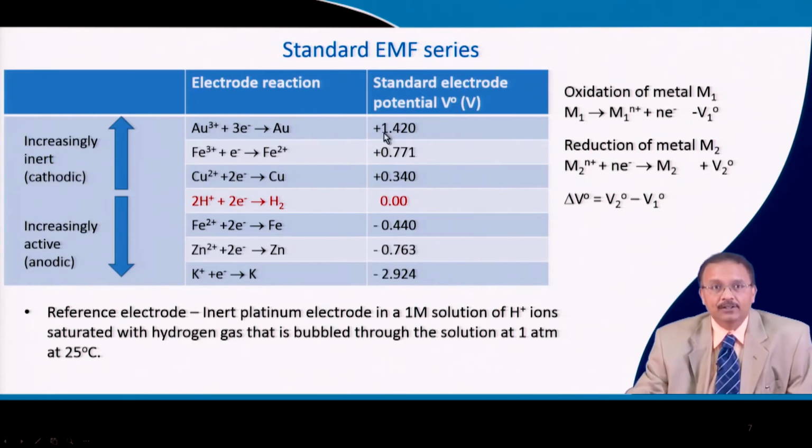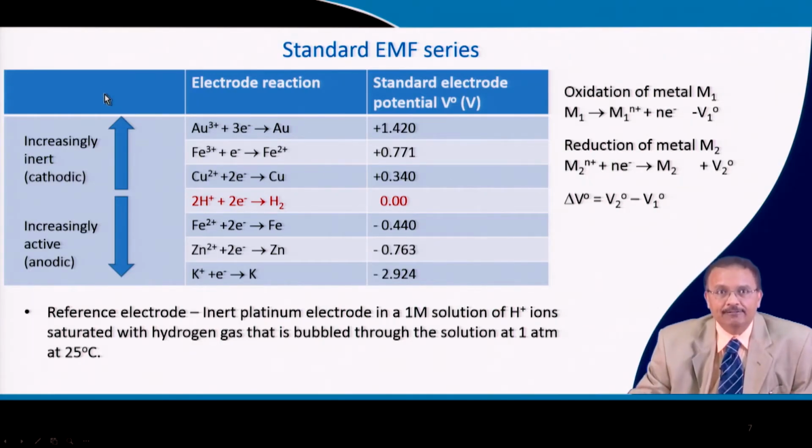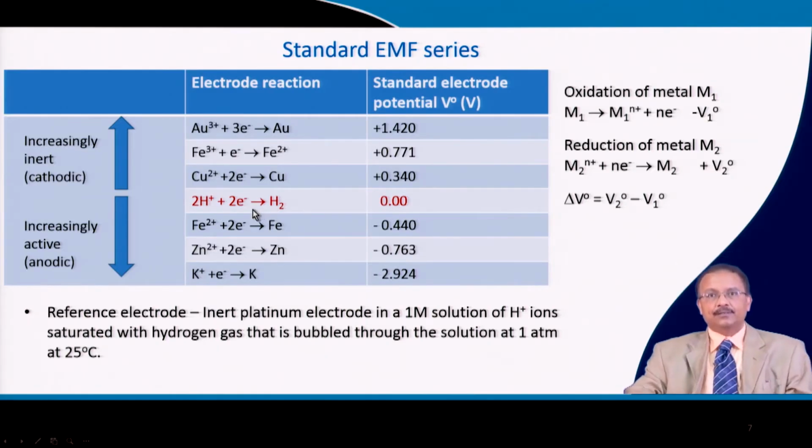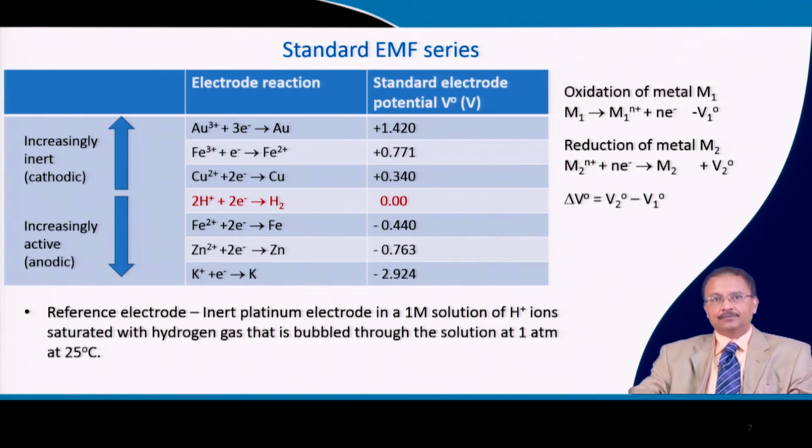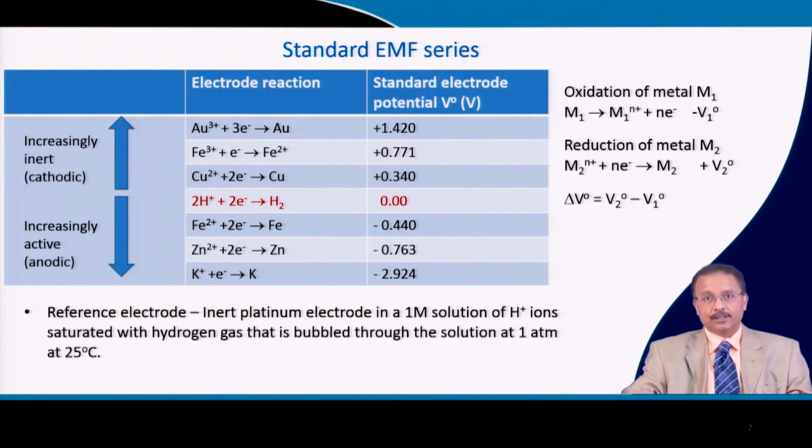So, depending on that you can have a standard EMF series, and this reaction, the reduction of H plus ion to hydrogen gas, is called a reference point, and the voltage is taken as 0 at a particular temperature, which is typically 25 degrees Celsius and 1 atmospheric pressure.